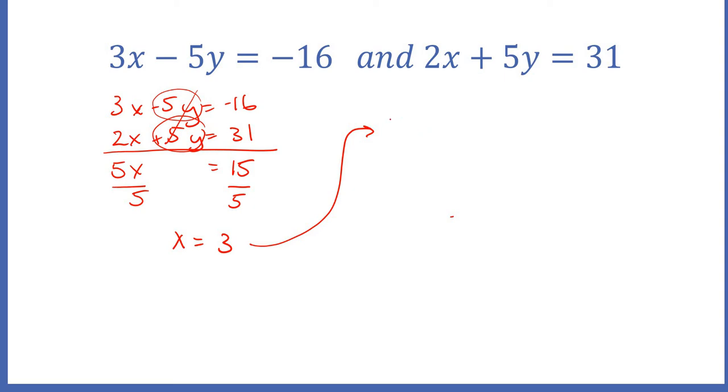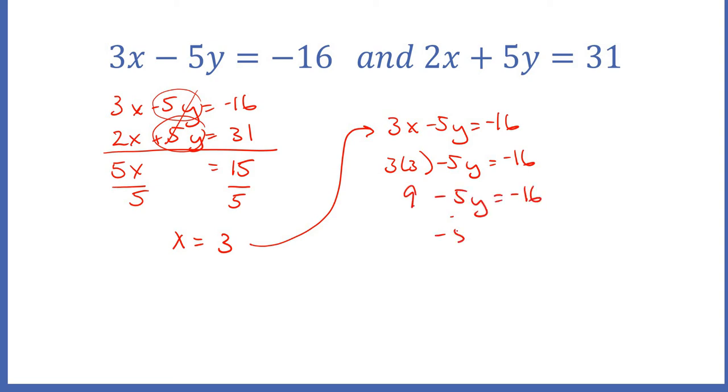I'm going to go ahead and just pick the first one. 3x minus 5y equals negative 16. In place of x, I'm going to put in my 3 because I know one variable, and now I can find my second variable if I keep working. Oops, 25, and divide by negative 5 and I get positive 5.